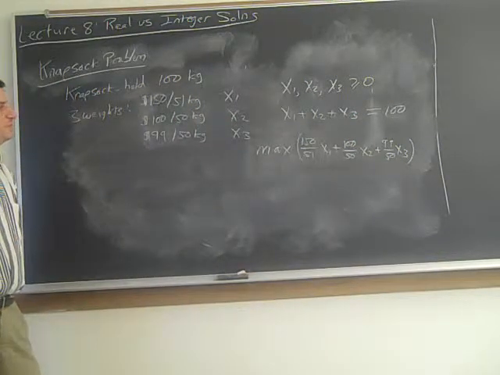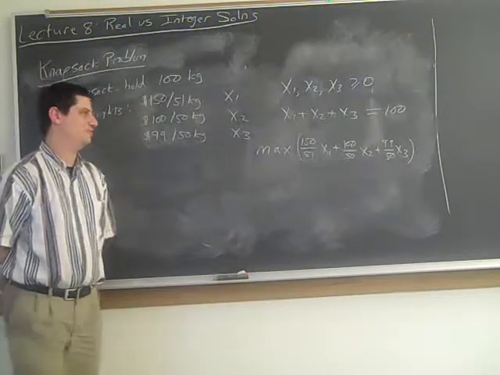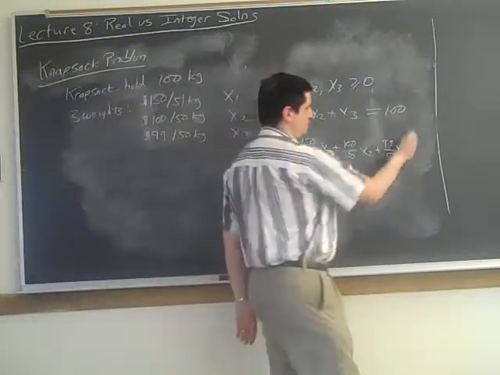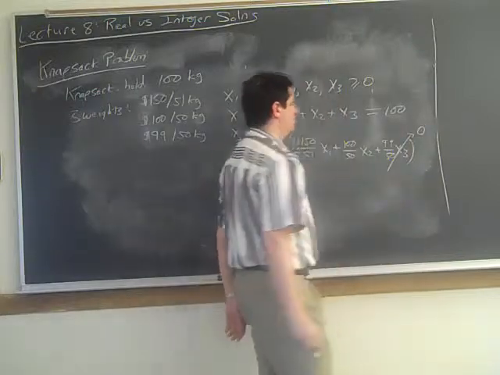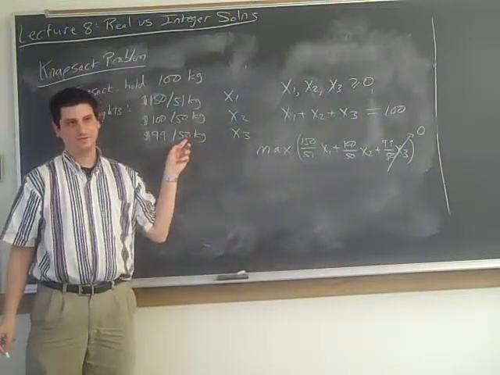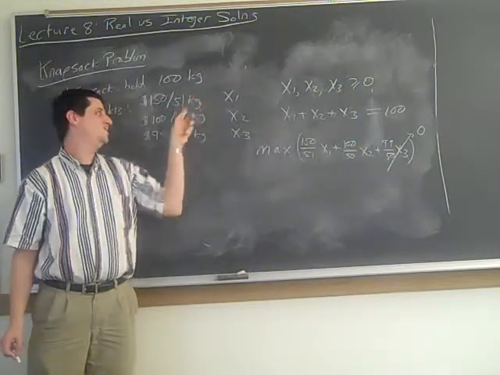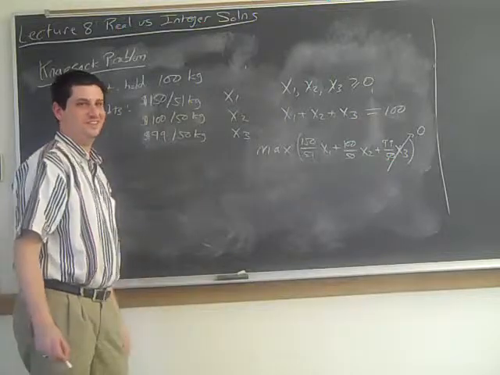Which variable can you immediately tell me how many we'll have? X3, right? X2 is the better per unit. Okay, now let's go one step further. X1 is better per unit, right?